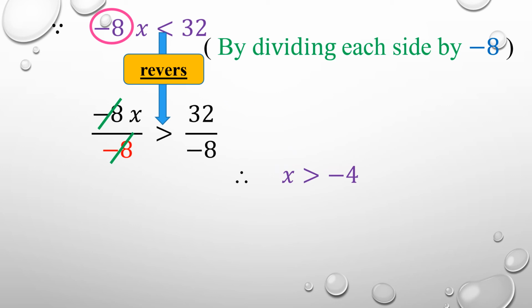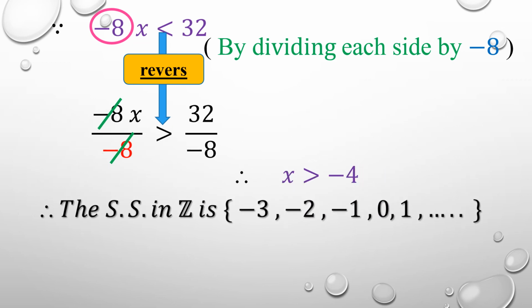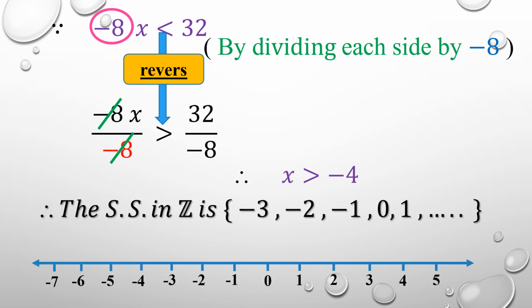So x will be bigger than negative 4. So the solution set is all the integers which are greater than negative 4: negative 3, negative 2, negative 1, 0, 1, and so on. To represent it on the number line, I draw the number line and mark negative 3, negative 2, negative 1, 0, 1, 2, and here I draw the arrow in the positive direction.